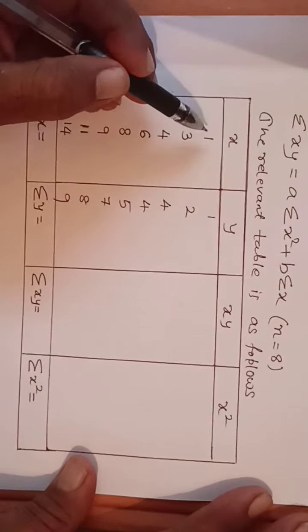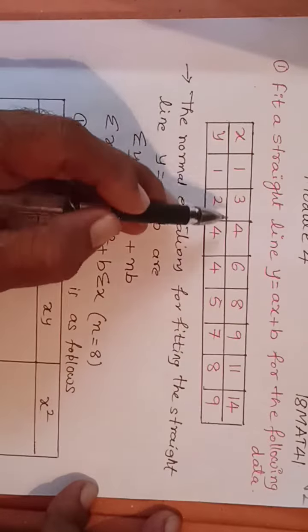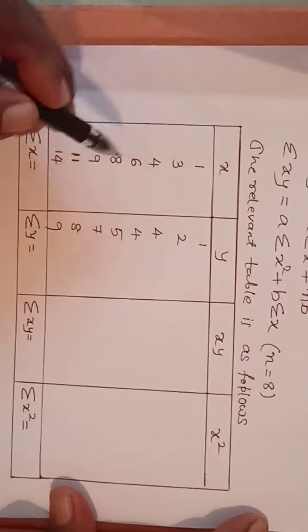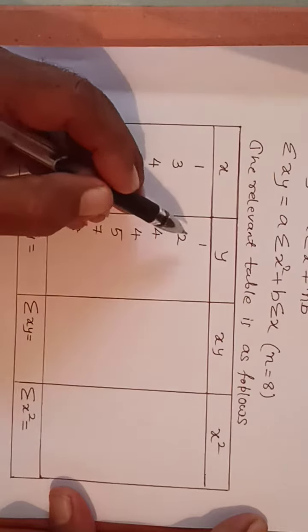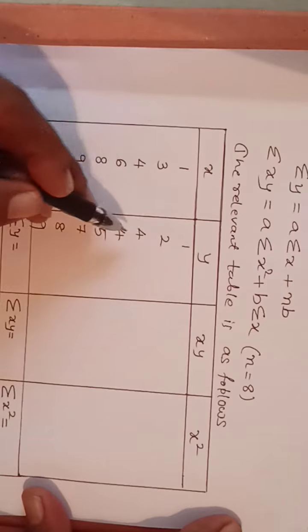The x values are 1, 3, 4, 6, 8, 9, 11, 14 and the y values are 1, 2, 4, 4, 5, 7, 8, 9.